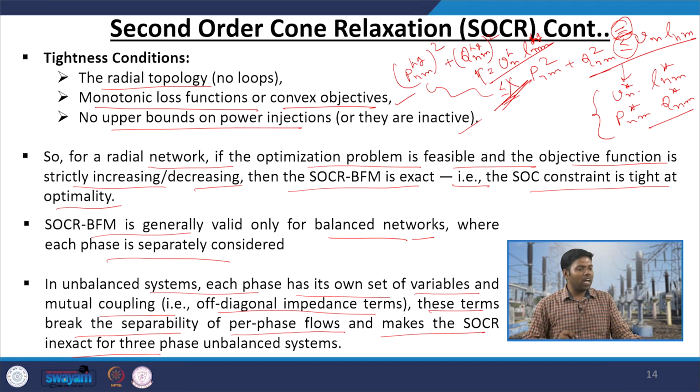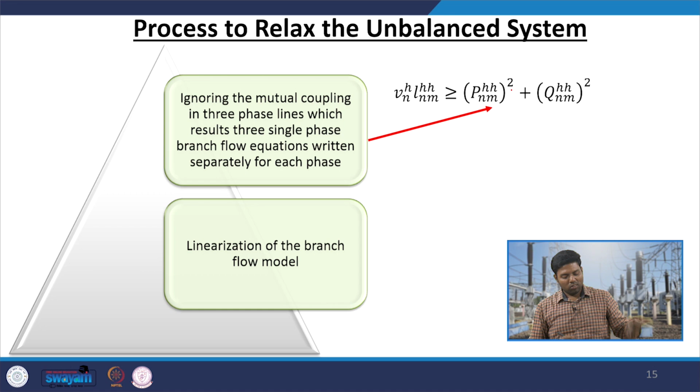You are obeying the maths, but you are violating the physics, and that solution has no meaning in real life. So because of this mutual coupling in a 3-phase unbalanced network, you cannot put this SOCP relaxation. So what is the way out?